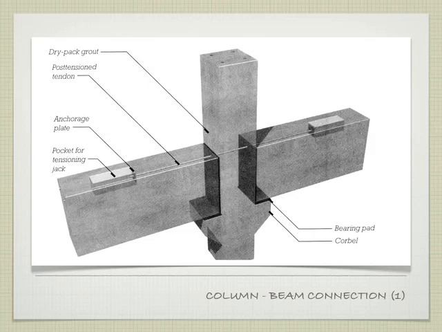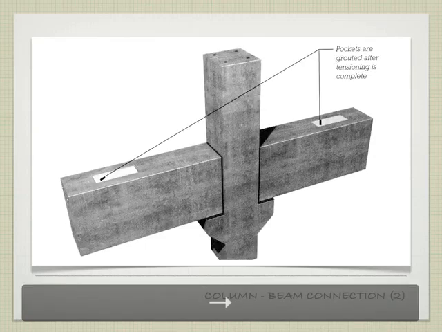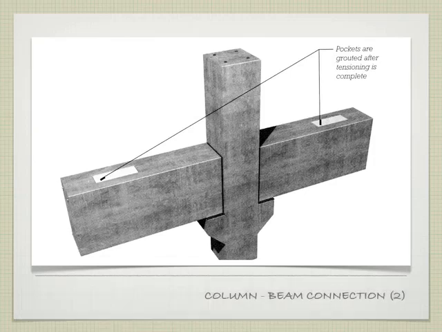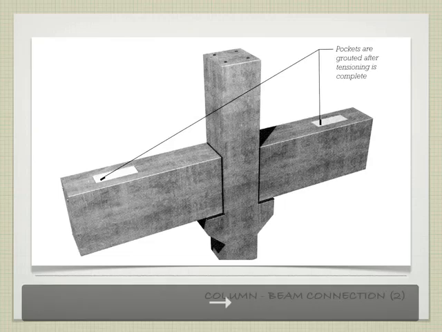Then we thread a rod through the beam, or cable, depending on what you're doing, through the column itself, out the other side into this pocket. And then we can tighten it or pull it from both ends, tie those two pieces together. After we've tightened it, we can grout over this little pocket that's left. And now suddenly our piece is one uniform connection. So that's one way of doing it.